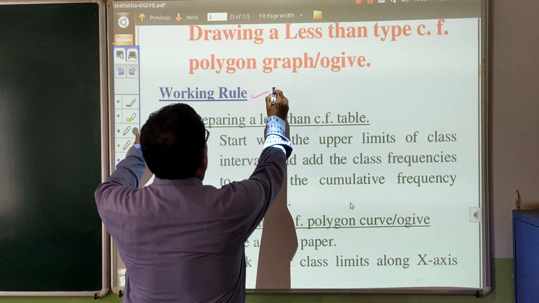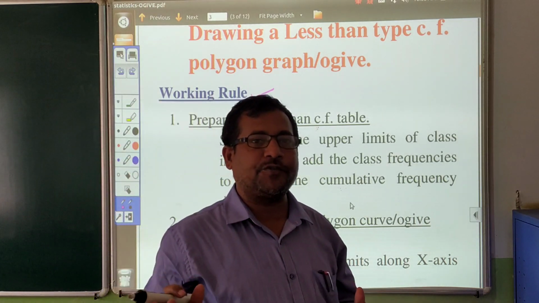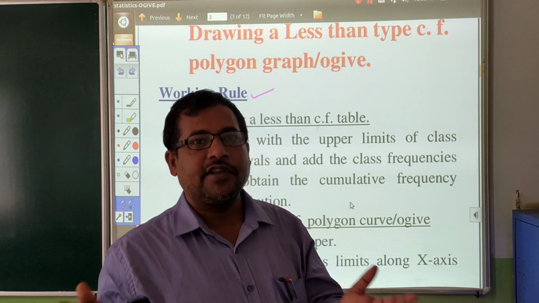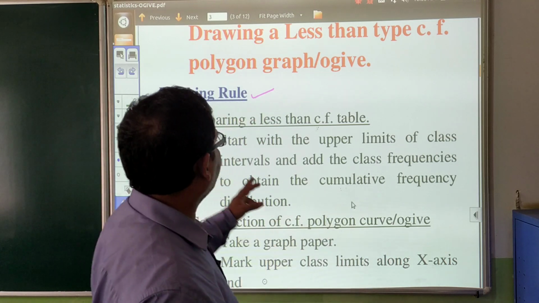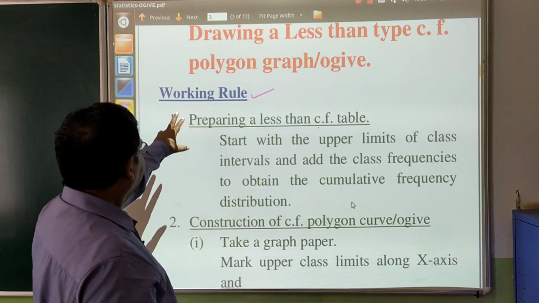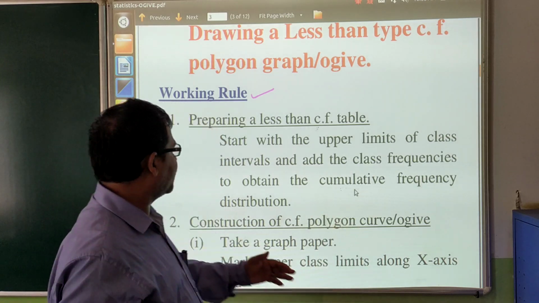As I already told, before going to solve any problem, we have to divide the problem into some steps. That is called algorithm, or you can say working rule. Here I have divided the whole work into two parts.